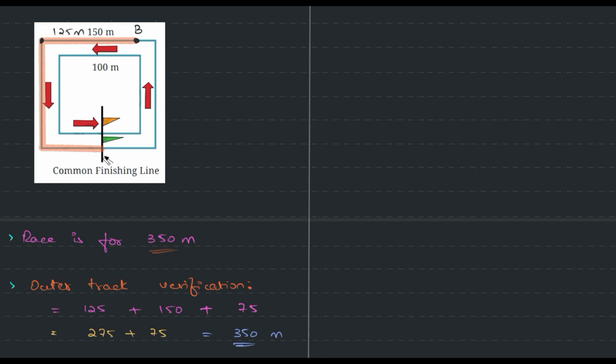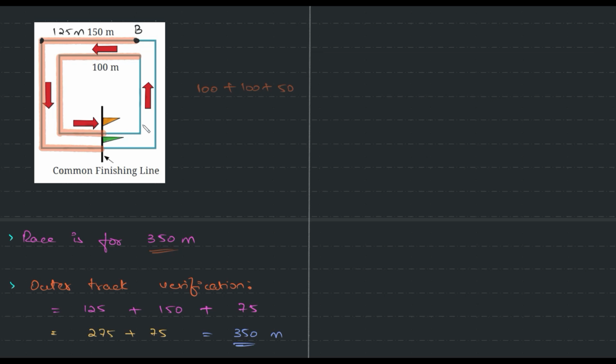Next is inner. So what should I do? Same funda. Let's look at how long it will be if I start from here. Let's just do that randomly. So this is 100, plus this side is also 100, plus this side is how much? Half the length, 50, because it is exactly in the middle.